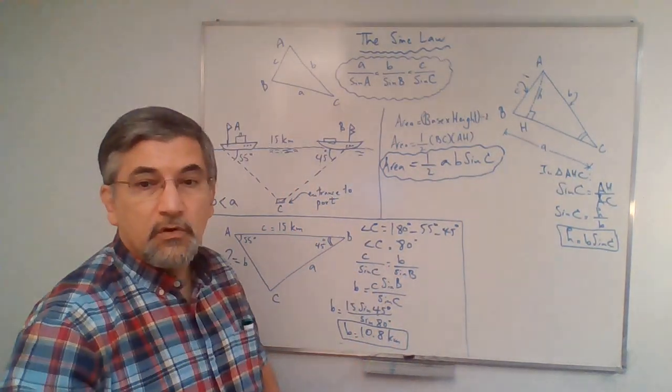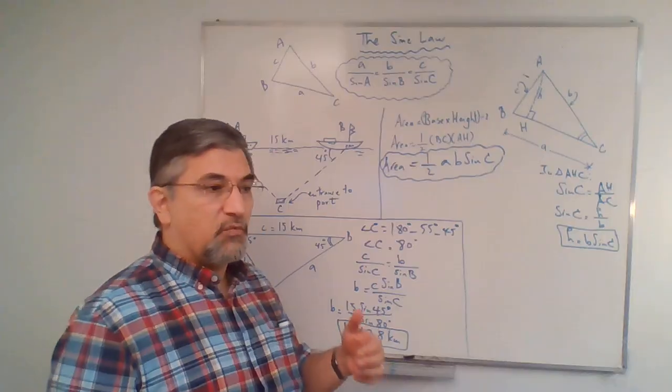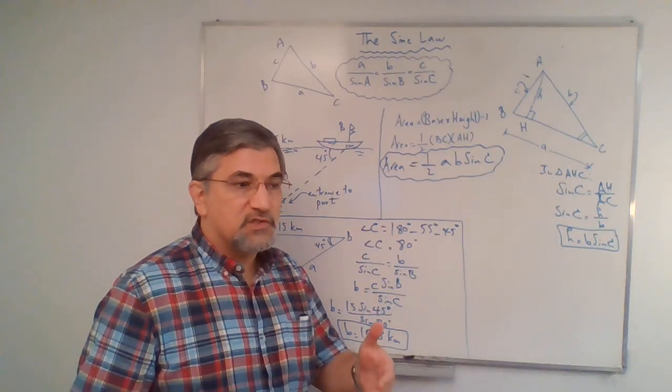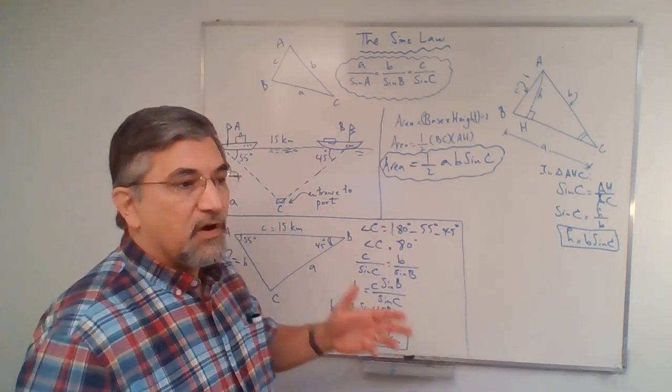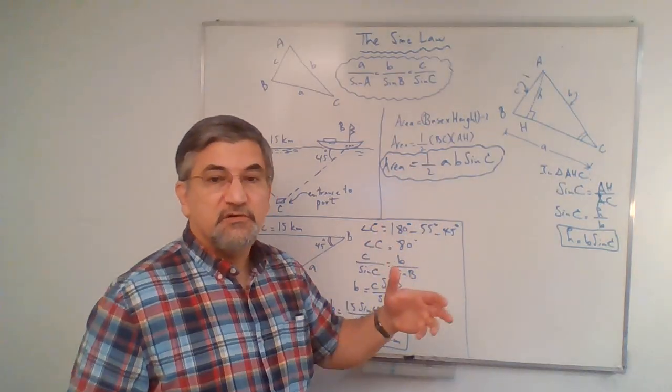A few minutes ago, if somebody asked you what the area of a triangle is, you would say base times height divided by 2. But as of this moment, you have a new formula for the area of a triangle.